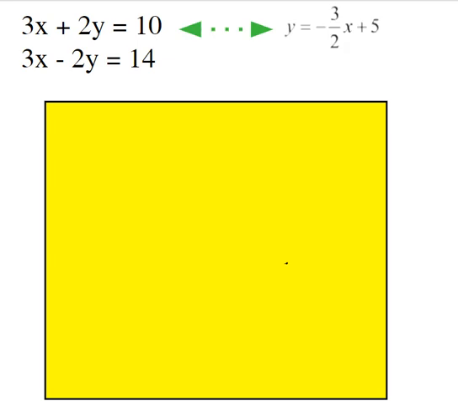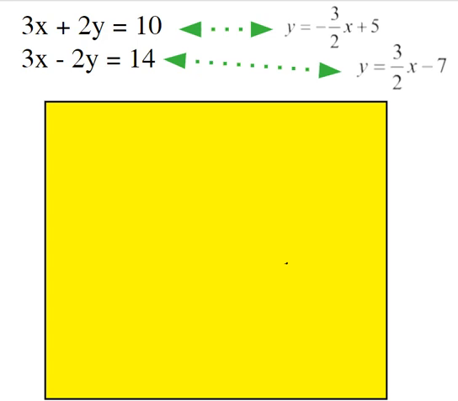And when you rearrange it, you end up with y equals negative 3/2 x plus 5. Go ahead and rearrange the bottom one. Remember to watch your inverse operations. Once you've done rearranging that, you'll come up with y equals 3/2 x minus 7.